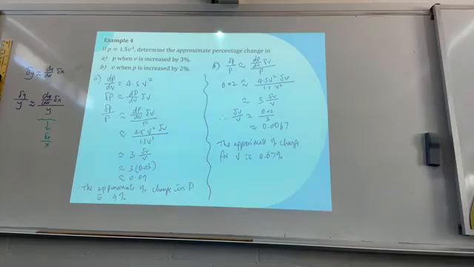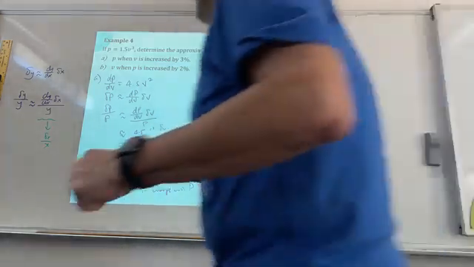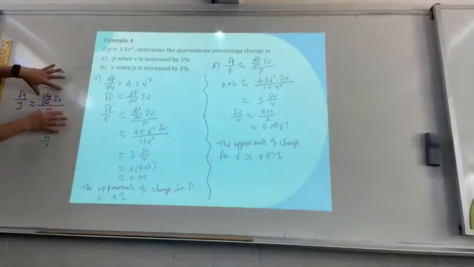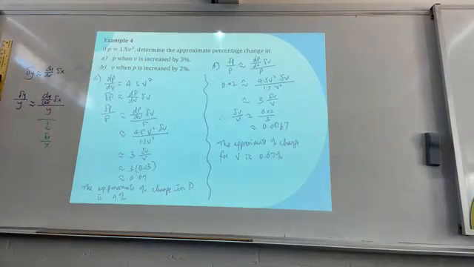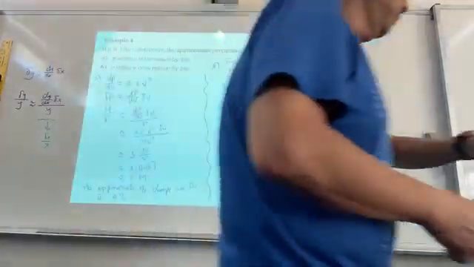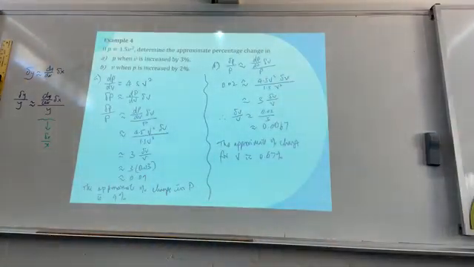What you're trying to do is make sure that you manipulate this bit here, your right hand side, until you can get delta X over X. Once you get that, you know that this is the percentage change in Y and the percentage change in X. So I work everything out in decimal, then I change it to percentage. So it's percentage change.